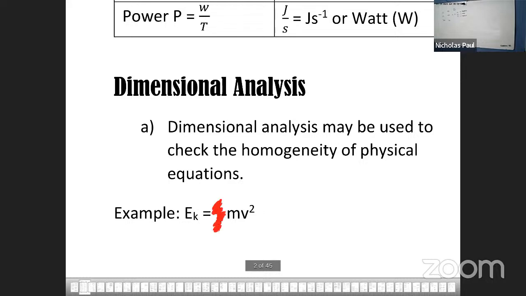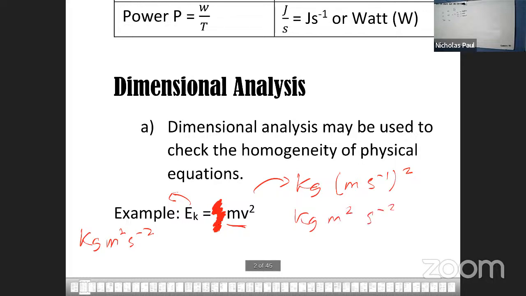Is this homogeneous? Right? SI units for kinetic energy is what? We just saw it, right? kg m squared s to the minus 2. Right? Let's check the right hand side. Mass is kilograms and velocity is m s minus 1 squared. When I square m s minus 1, I'll get kg m squared s to the minus 2.